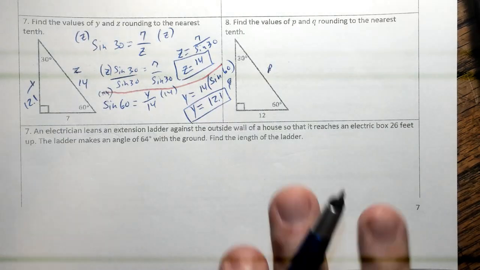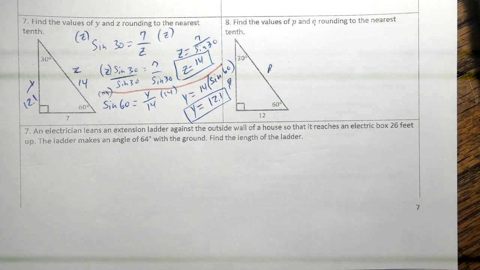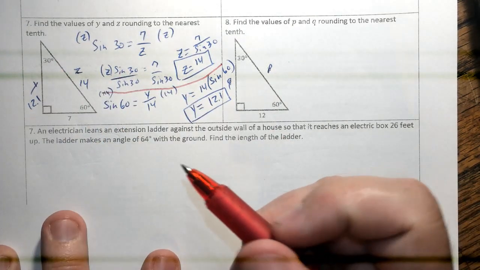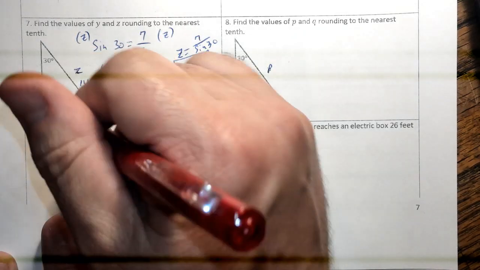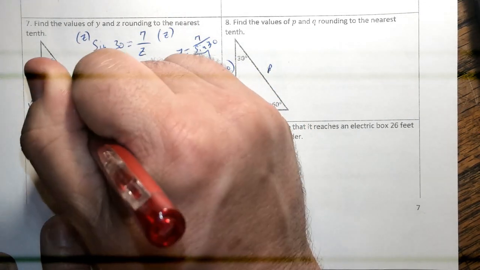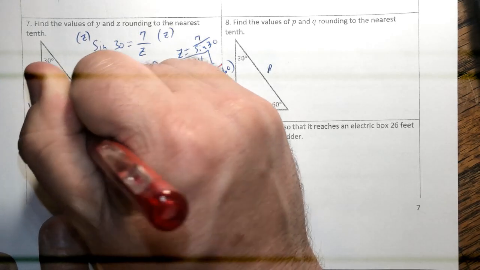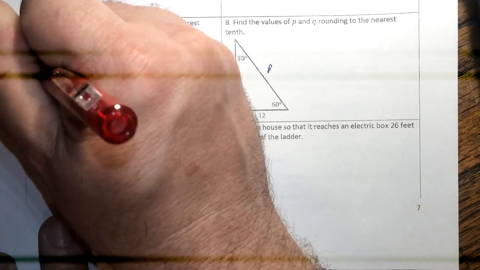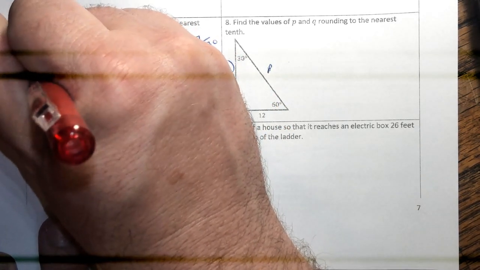Now, real quick before I go over here, I'm going to show you, so our 30, 60, 90, and we'll do this in red. We learned in the previous module that this side that has the 90 and the 60, the short side is x. This side over here is x times the square root of 3, and this side, the hypotenuse, is 2x.